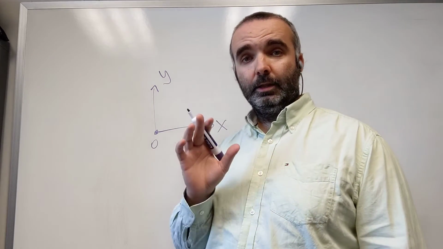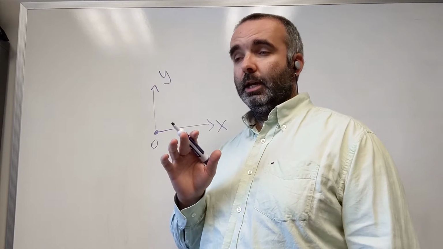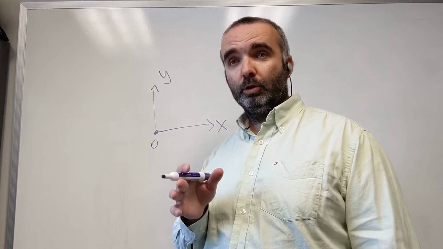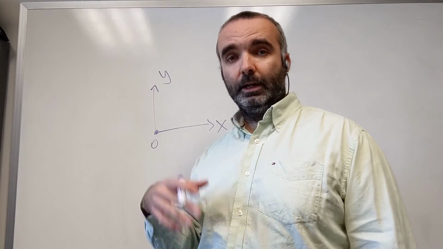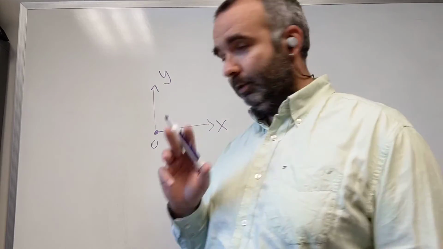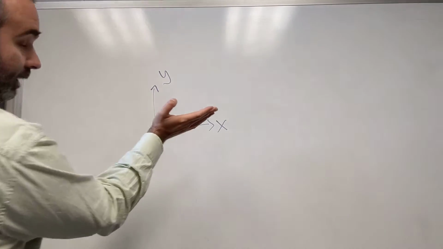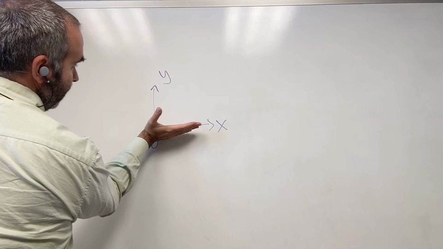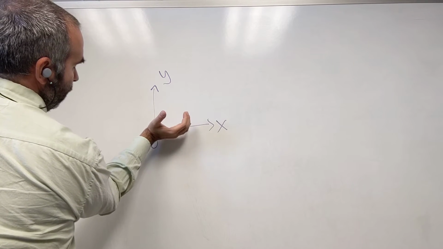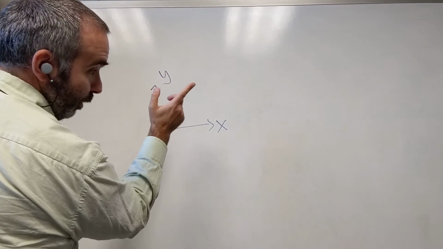Once you define two of the three positive directions of your coordinate system, you need to use the right hand rule to find the third direction, and this is the right hand rule. You have to place your fingers in the direction of the x-axis, and then you have to curl your fingers without breaking them.